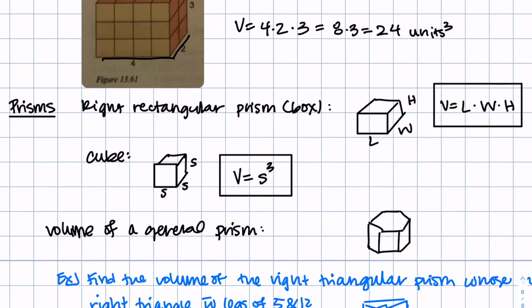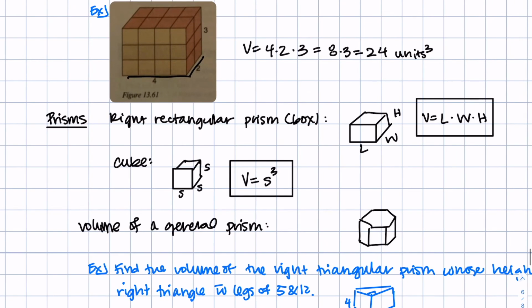Okay, so more generally, we talked about prisms when we were talking about surface area. And so we started with this idea of what happens with a box. And we kind of disassembled this box when we were thinking about surface area. When we think about volume, we want to generalize the idea of filling this rectangular box to a prism.